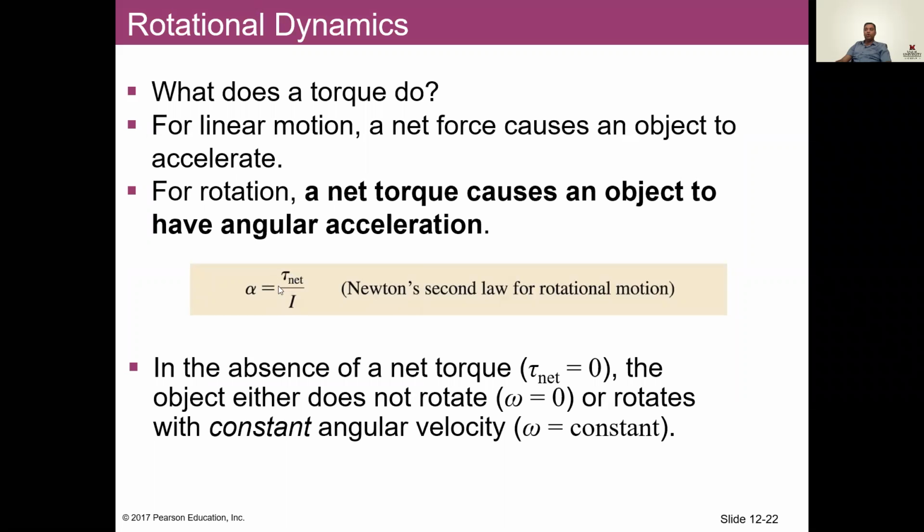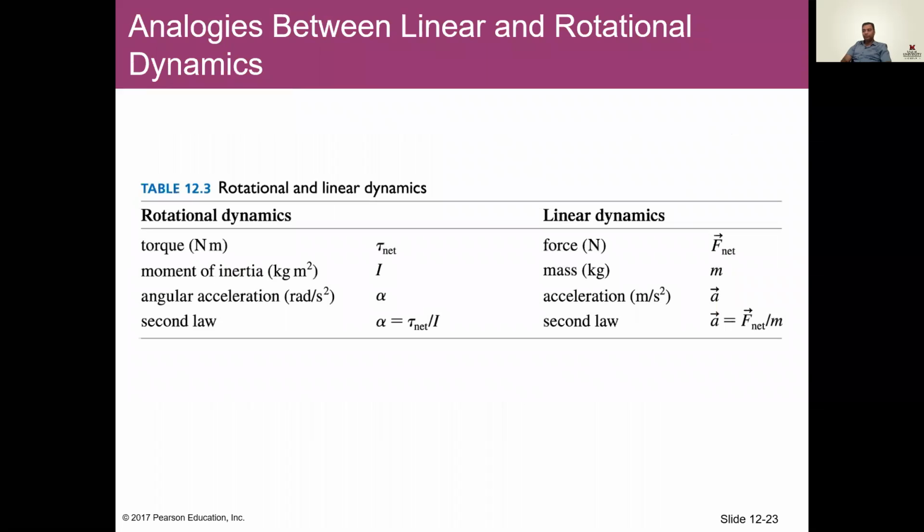If there is no net torque, then the angular acceleration has got to be zero. So either the object will not rotate at all, or it will rotate with constant angular velocity, just like linear motion. And here is the equivalence that you can see. You have force replaced by torque, mass replaced by I, the moment of inertia, and acceleration replaced by alpha, and then the second law looks like this.